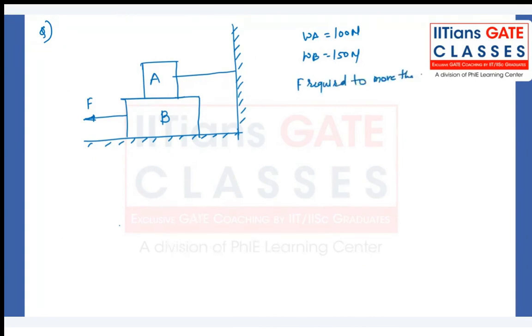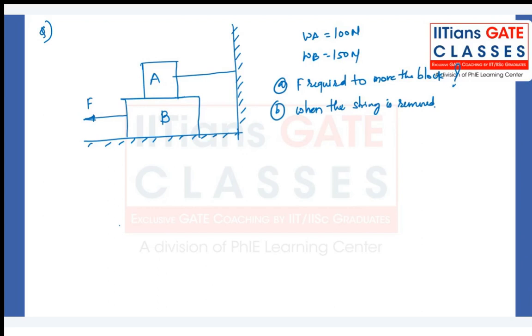This is the first question. Second question: when the string is removed, this string that we are attaching to this block, the coefficient of friction between the floor and the block B is to be found.